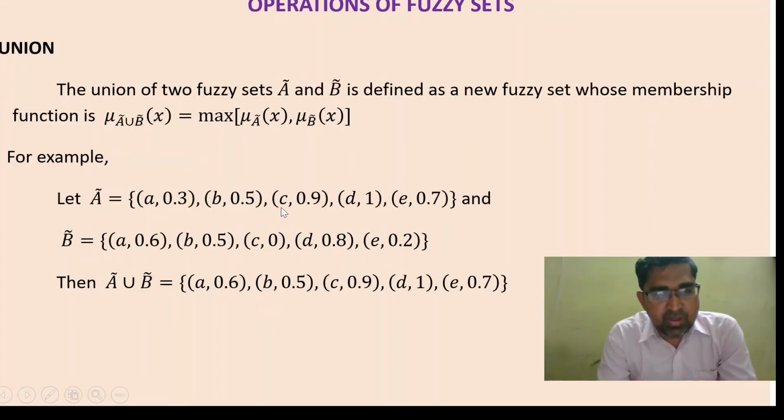For the element c, here membership value 0.9, here 0, so the maximum is 0.9. For the element d, here 1, here 0.8, so the maximum is 1. And the last one, the element e has membership value 0.7, here 0.2, so the maximum is 0.7. In this way, we can find the union of two fuzzy sets.